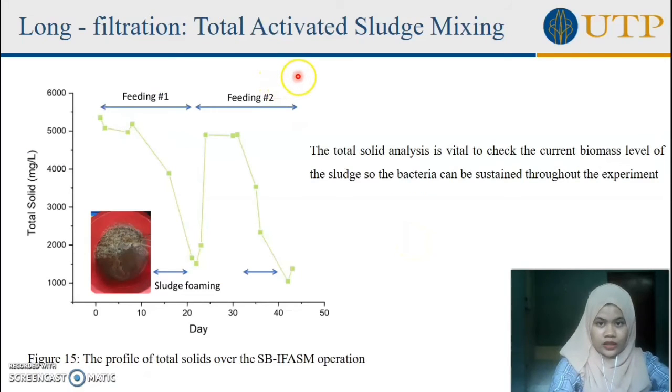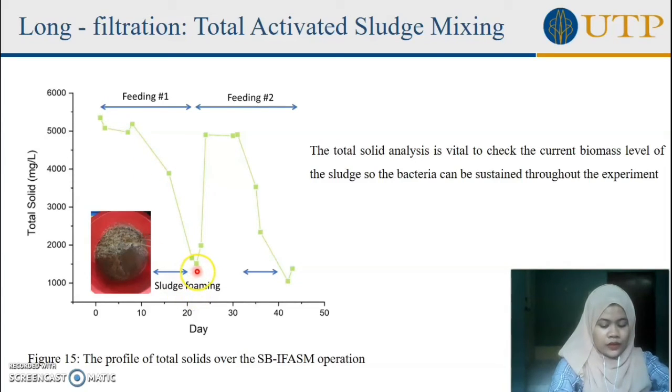For the total activated sludge mixing, as you can see here in figure 15, for the first phase here, for the feeding one part, observe this part first, there is a declining trend. This declining trend actually indicates the importance of mixing in the SB-IFASM system. For the first 8 days, the declining is stable, but then the declining starts to be dramatic starting from here until here.